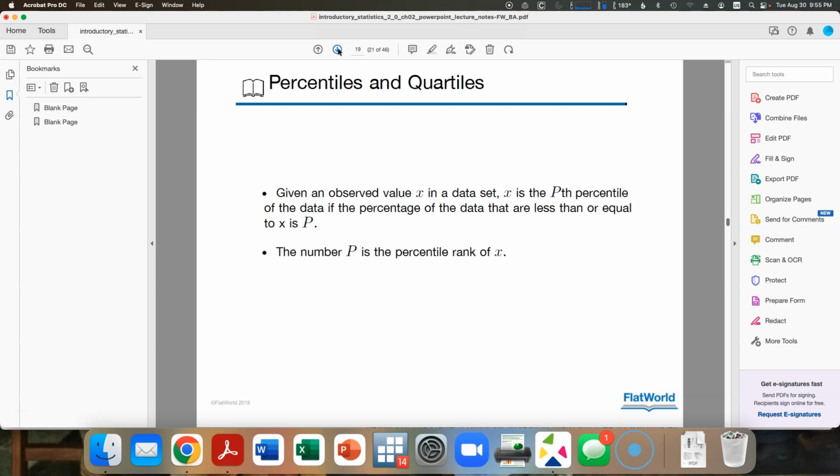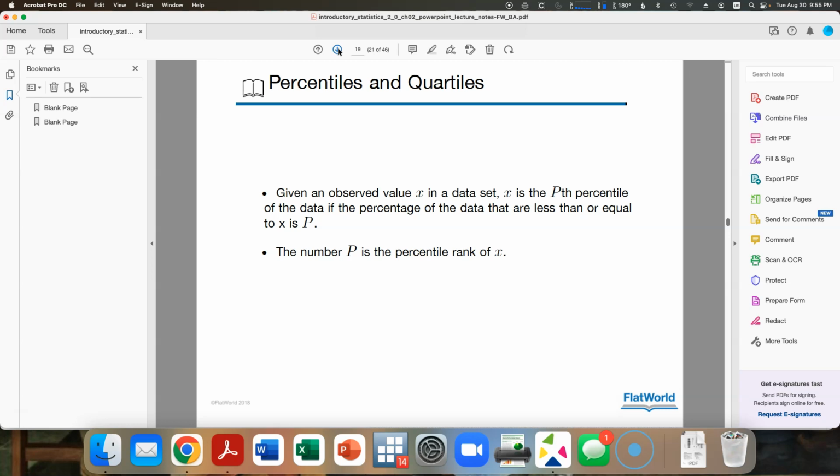or the pth percentile, what we're saying here is that if we had a value within the data set, let's give it x. So given an observed value x in a data set, then x would be the pth percentile of the data if the percentage of the data that are less than or equal to x is p.